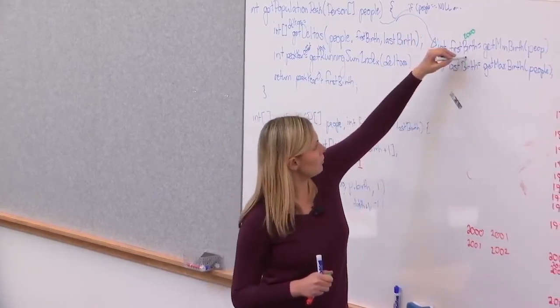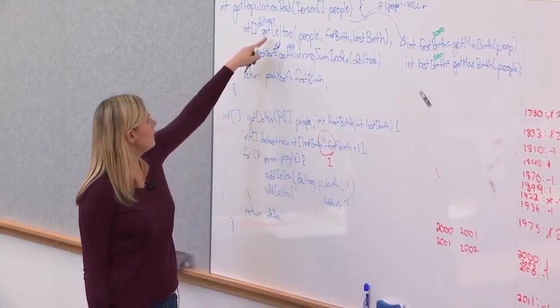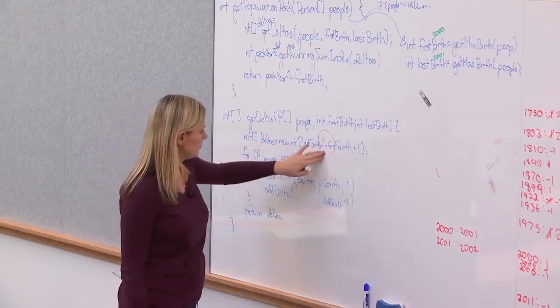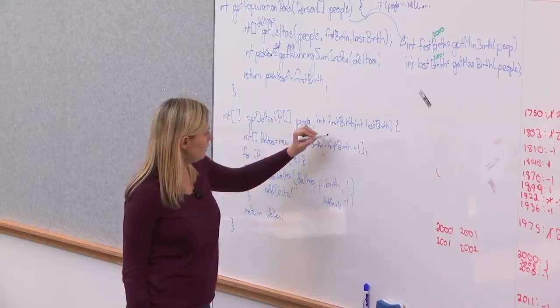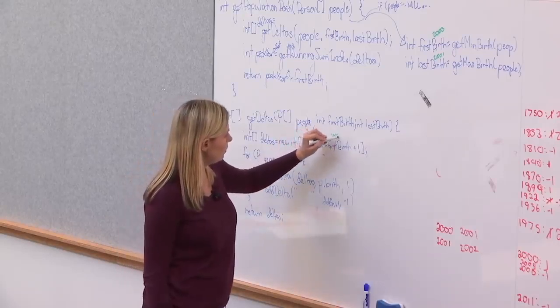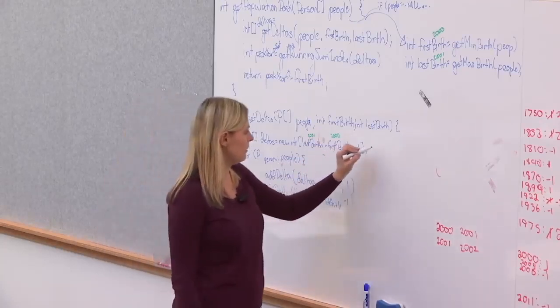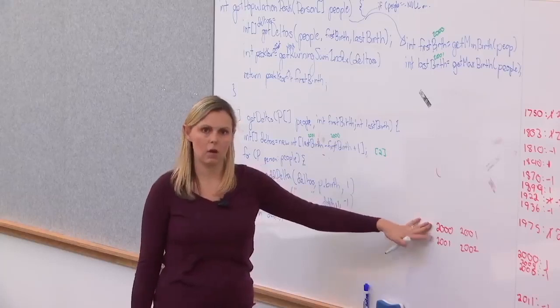Last birth is going to be 2001. Now I call get delta, so I go down here. Last birth is 2001, first birth is 2000, so 2001 minus 2000 plus 1. That's going to be an array of size 2. Okay, that's good. That's what I want.